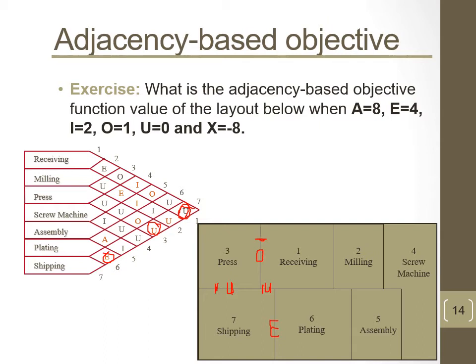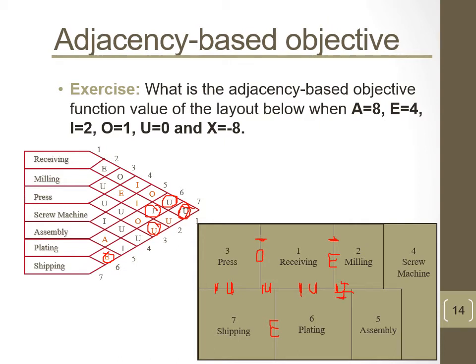Department 1 and 6 share a common border, so they are adjacent, and 1 and 6 have a U relationship as given here, so we can write a U here.